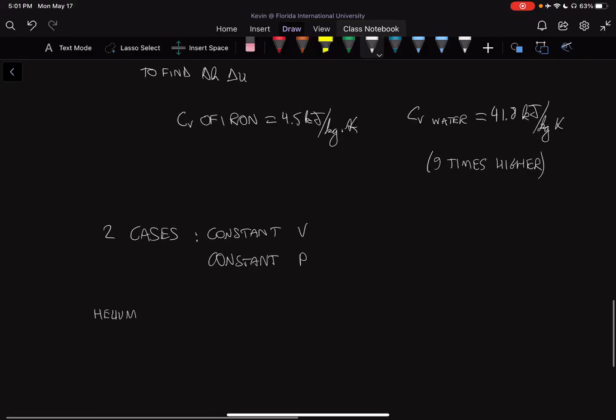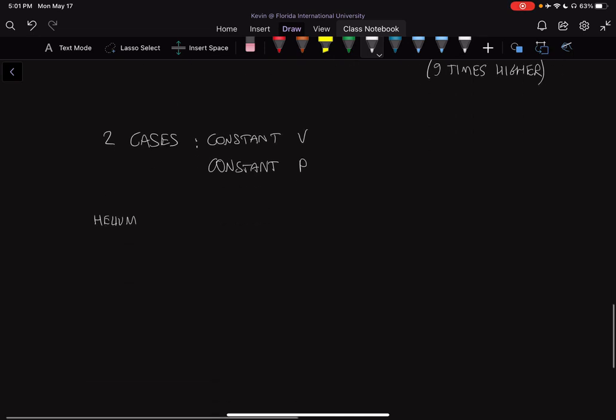Let's say that on one side, we have helium inside a box, and the volume inside the box is constant. We have a mass of 1 kilogram of helium, and the change in temperature of that helium is 1 Kelvin, or 1 degree Celsius.